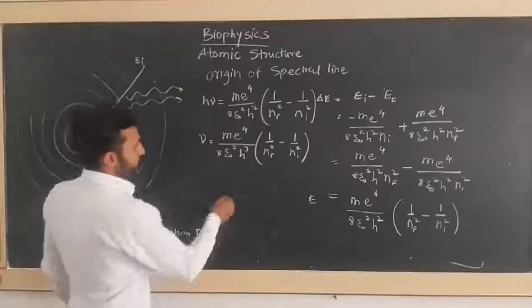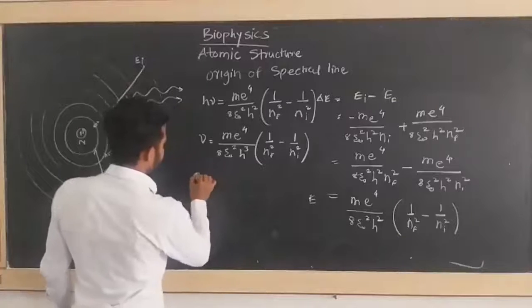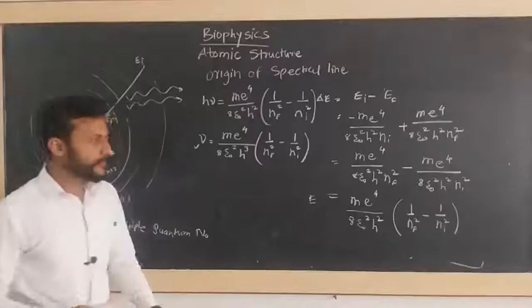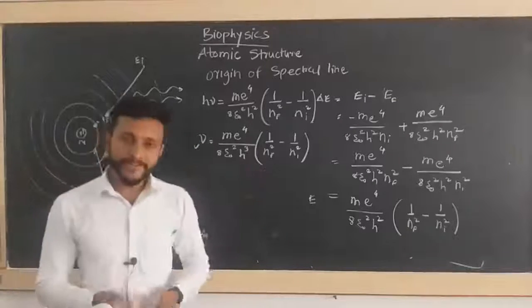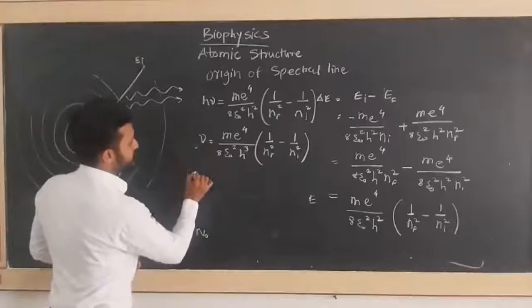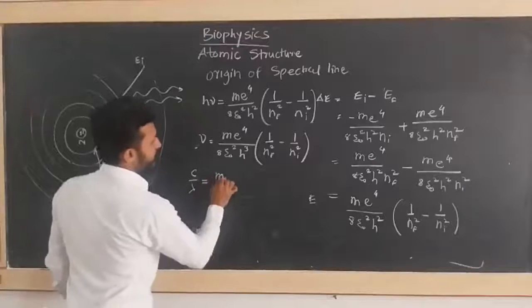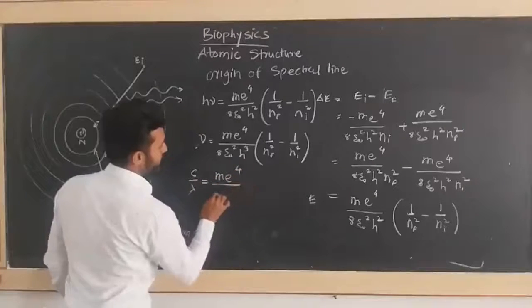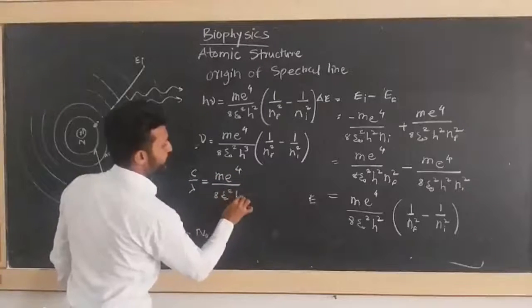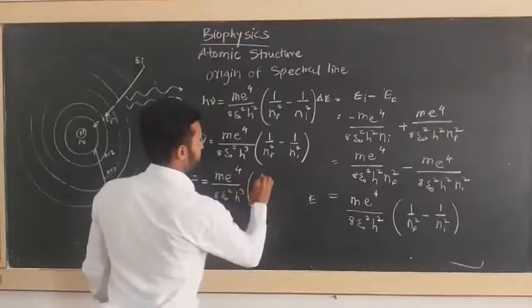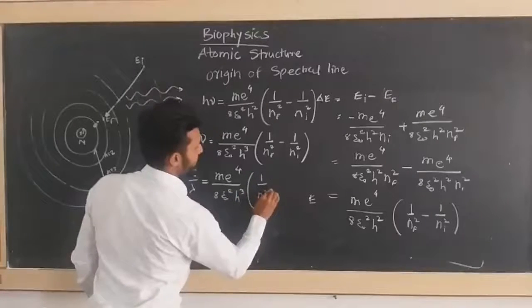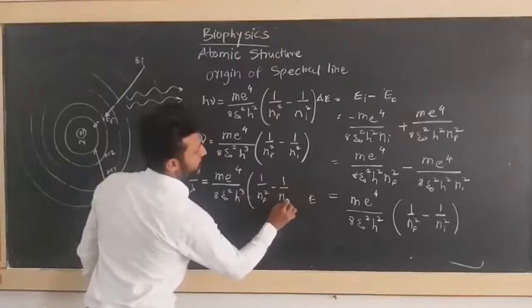Here nu is the frequency, and we know that nu is equal to c by lambda. So c by lambda is equal to m e raised to 4 upon 8 epsilon naught square h cube times 1 upon n final square minus 1 upon n initial square.